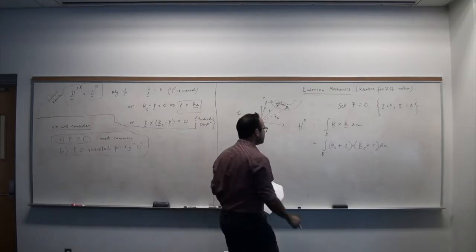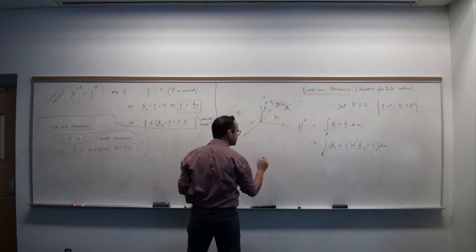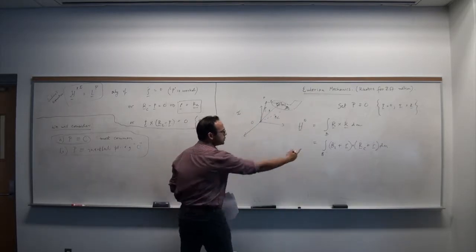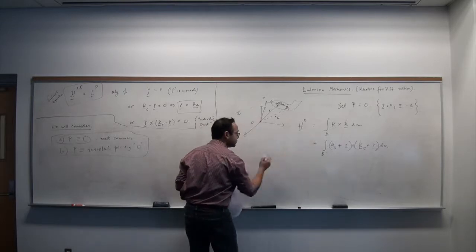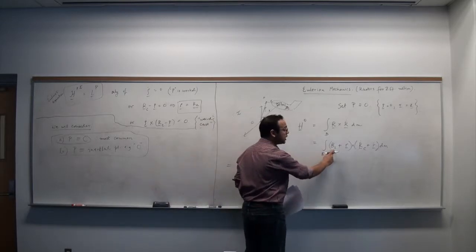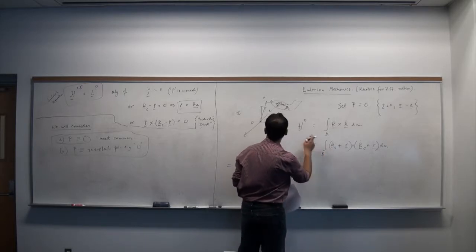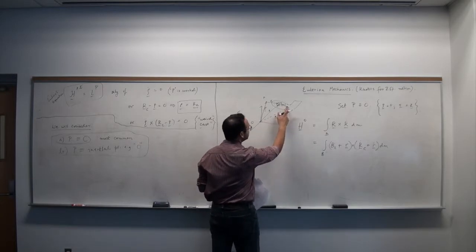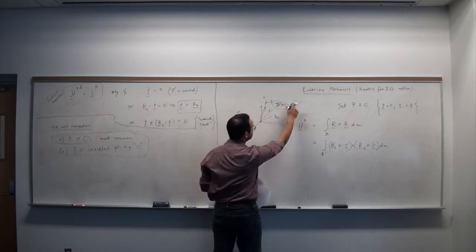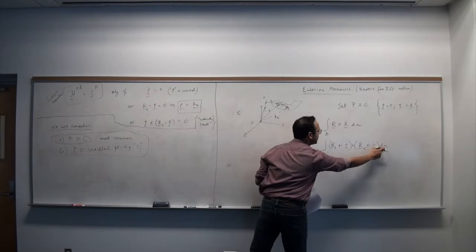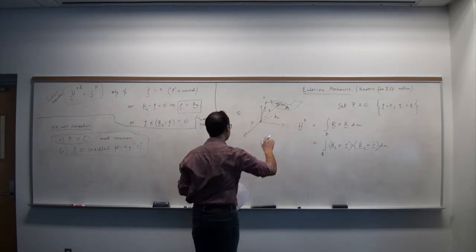So if you open this up and make simplifications, we get RC does not change as you integrate over B, right? We have discussed this before. Because RC is a point that is not going to change as you span over all the elements of the mass.